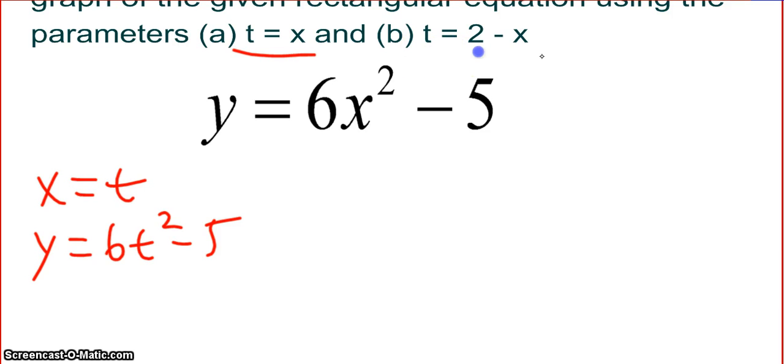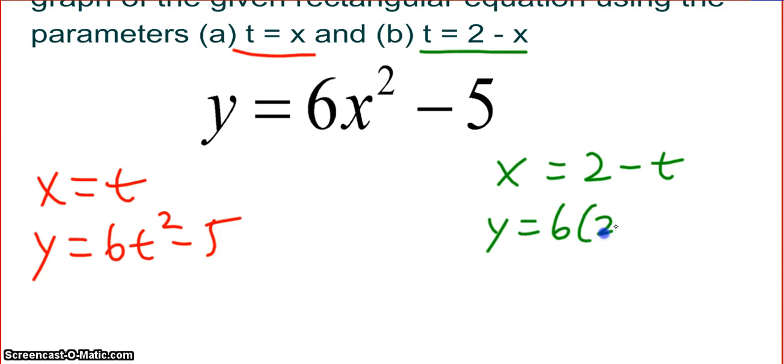For the second relationship, we know x equals 2 minus t, and we know y equals 6 times (2 minus t) squared minus 5.